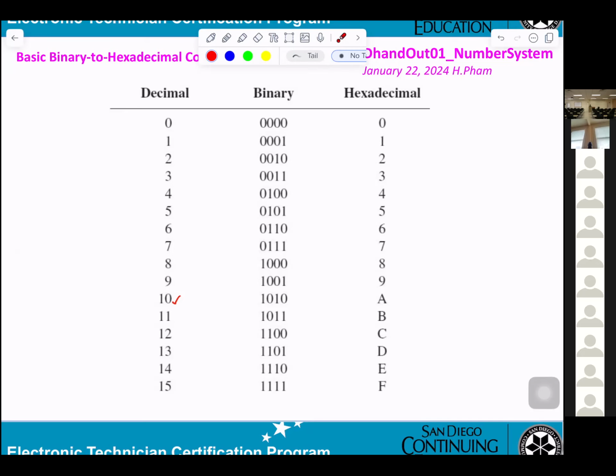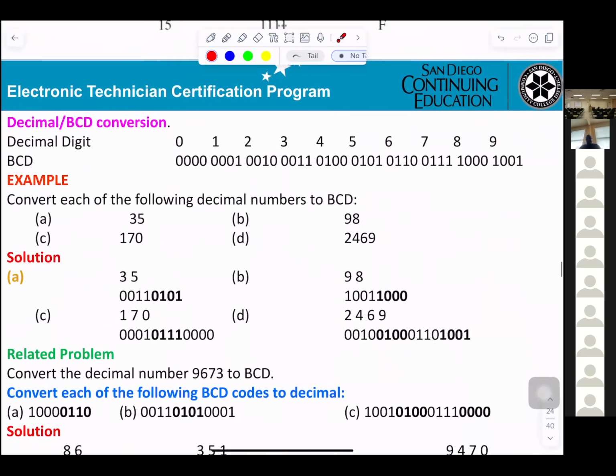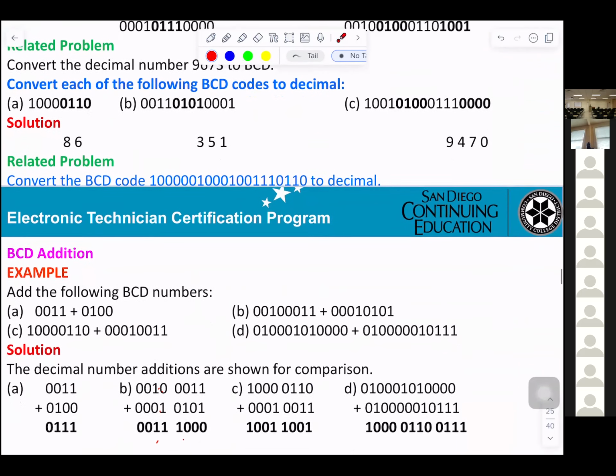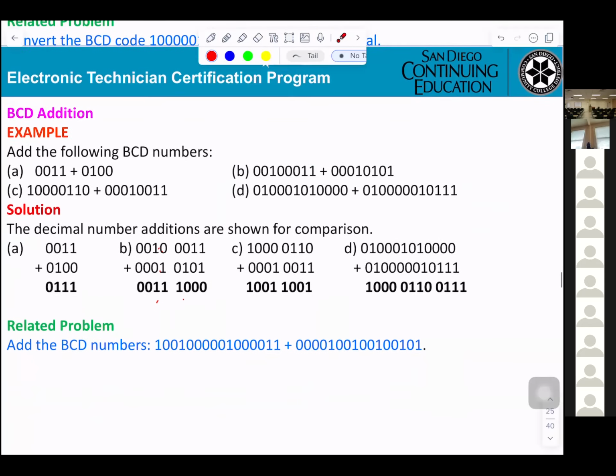That means decimal 15, but the hex could be F. For a while, you get along. You don't have to see the table, like myself. Okay? Converting a number to BCD, you need to look in here. Until you're not quite following how to do it, and I will be with you. But right now, we don't need that.